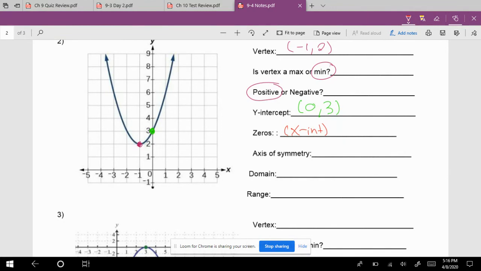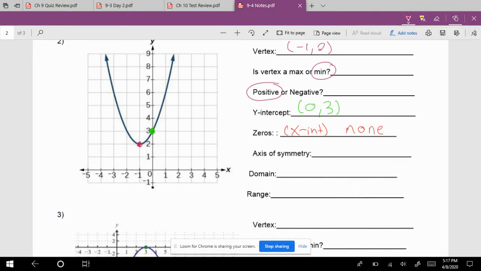We don't have any. This graph does not touch that x-axis whatsoever. So when you don't have any x-intercepts, you can write none, and that's fine. Make sure you don't put 0, because then it's going to sound like you cross the axis at 0, but we don't for this one.